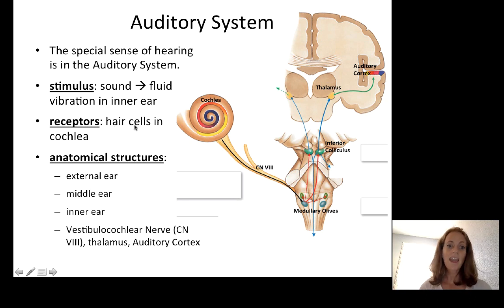They don't actually have hair on them, but they have mechanical receptors on them that will move when the sound vibrates the fluid. That information will be transmitted from the cochlea through cranial nerve 8 into the medullary olives, the inferior colliculus, and then the thalamus of the brain, up to the auditory cortex, where we will then be aware of the sound.